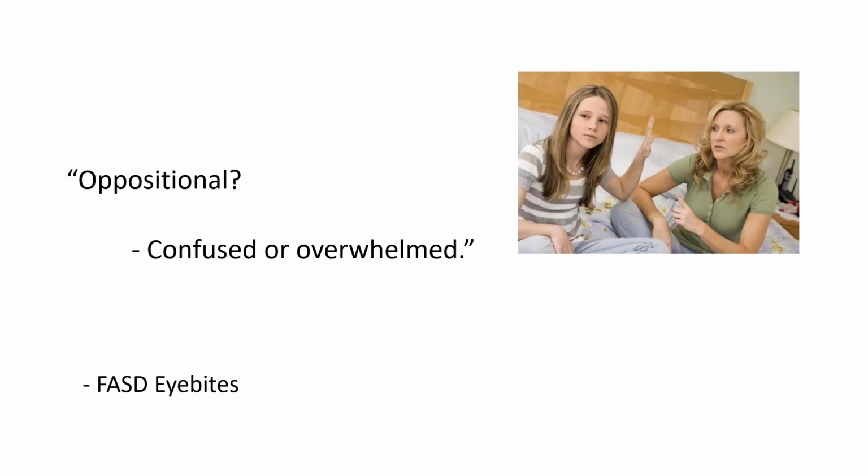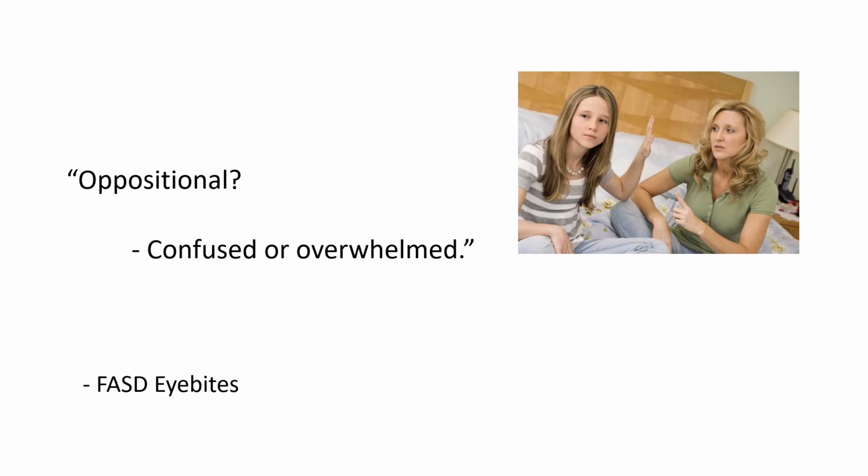This is a quote that I found on a really cool set of cards that I have from FASD iBites. On one card it says oppositional and then confused or overwhelmed. And I really like that because a lot of times we label kids with FASD as being oppositional or difficult or lazy or incapable of telling the truth.